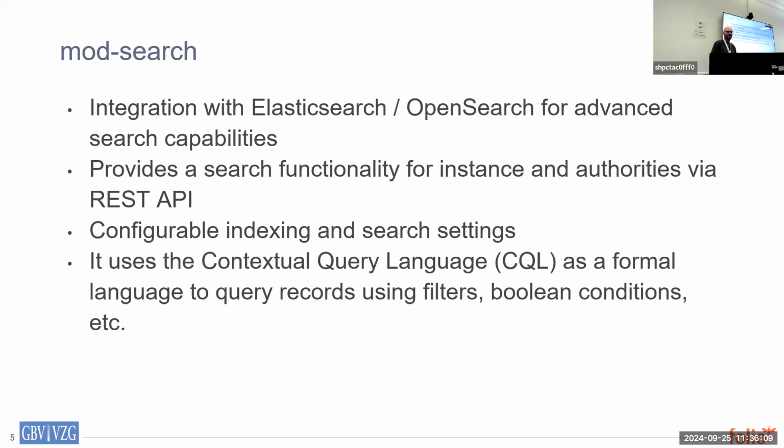It provides search functionality for instances, holdings, items, and authorities. And with search, I include searching and browsing and all the facets. So that's all meant as a search here. Directly in the UI, of course, and there's also the REST API.